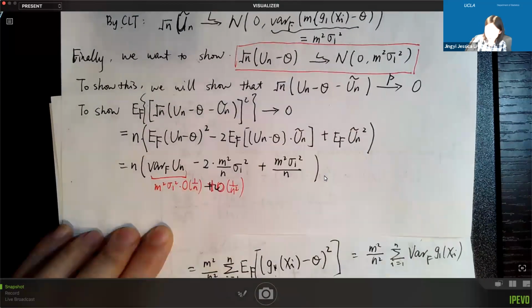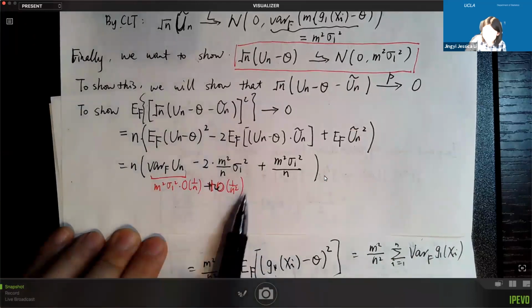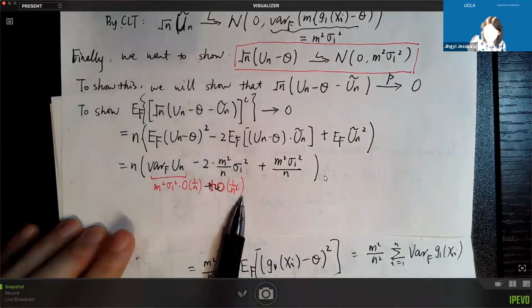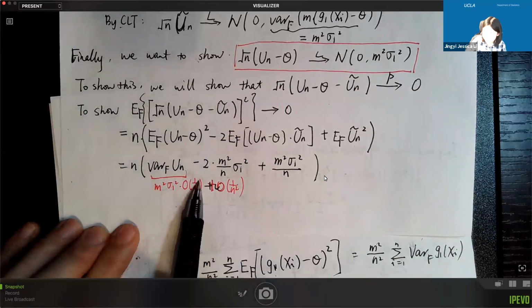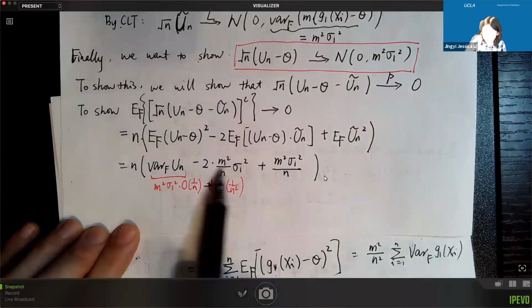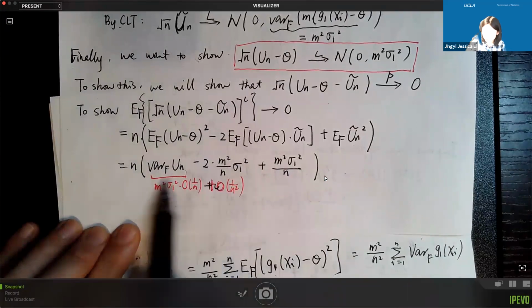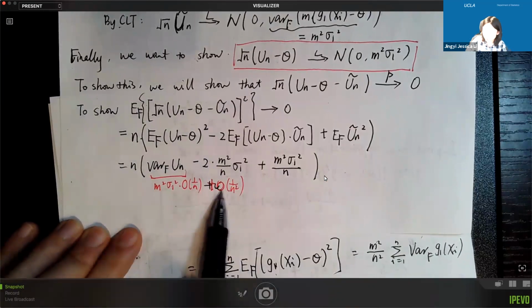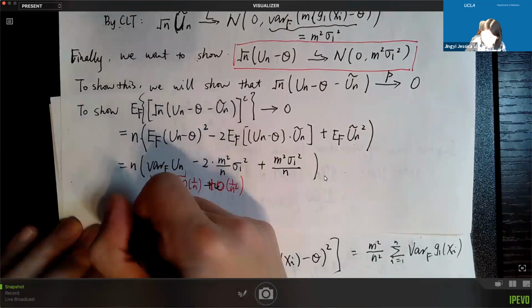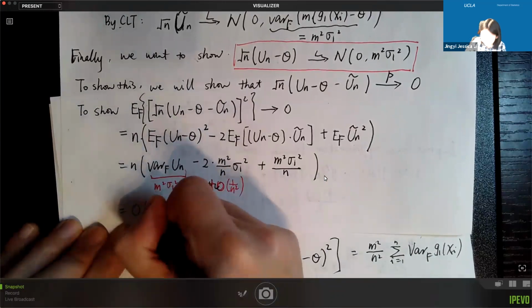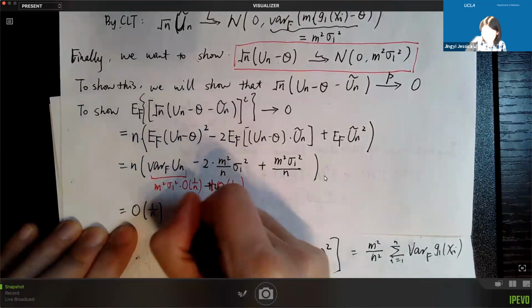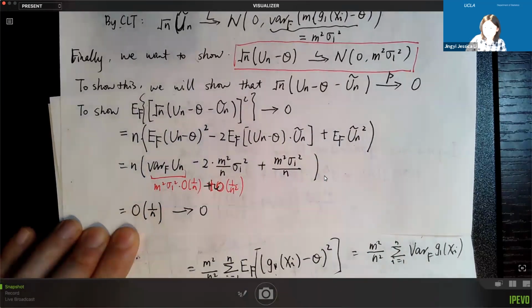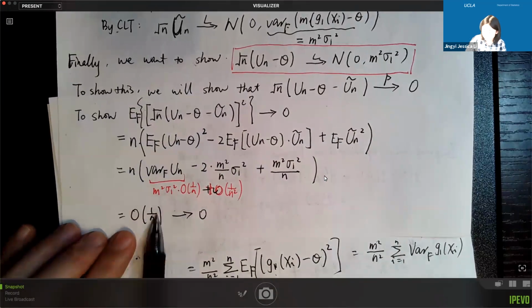I need that term. So then you see, basically what I want to say is that for the order 1 over n, this plus this cancels out this. So that term goes to 0. So I'm left with n times big O of 1 over n squared. So I'm left with big O of 1 over n. And this is going to 0. So that completes the convergence in quadratic mean.